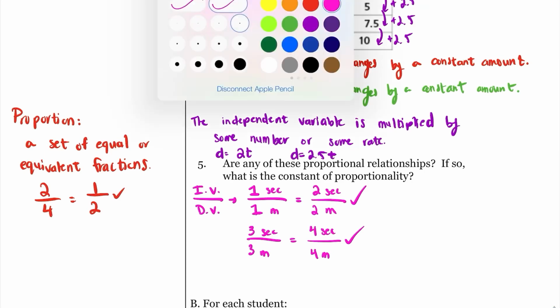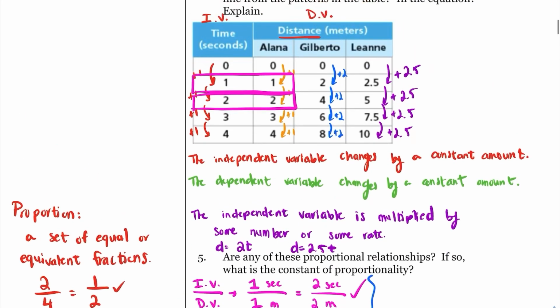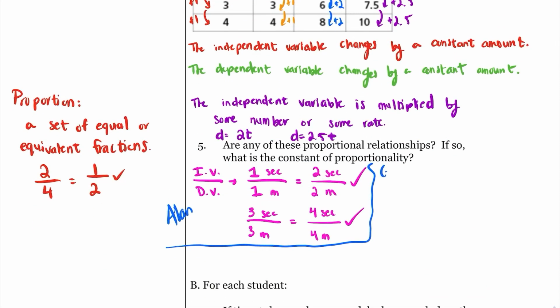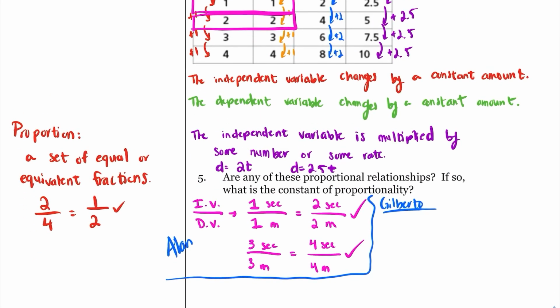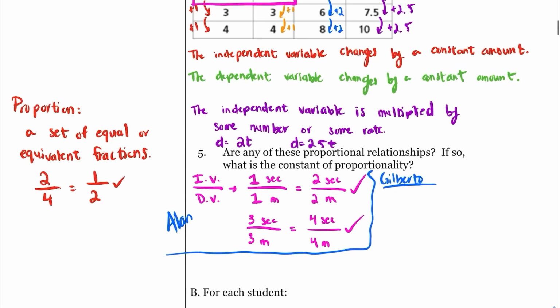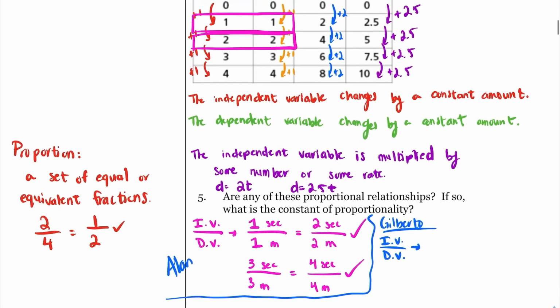Okay, so let's test it for, I should have done Alana's in orange, but this is for Alana. Let's double check a few from Gilberto's here. So again, I'm going to write the ratio independent variable to dependent variable. So I'll just write that to remind myself. And let's go ahead and write from the second row.